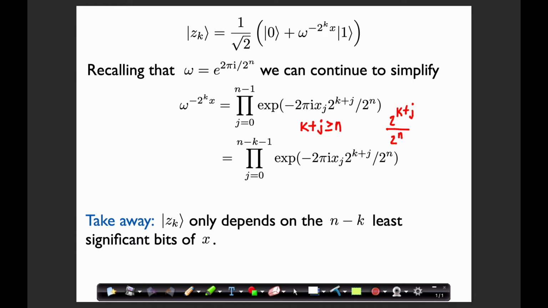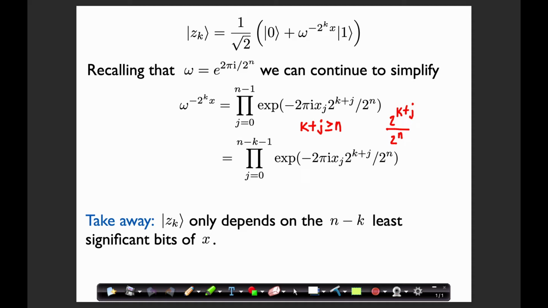So when k plus j, let's take a special case. Let's say that k plus j is actually equal to n. Then this is 2 to the n over 2 to the n, so that's just 1. So then we just have e to the minus 2 pi i times xj. But that's always 1, independent of what xj is.